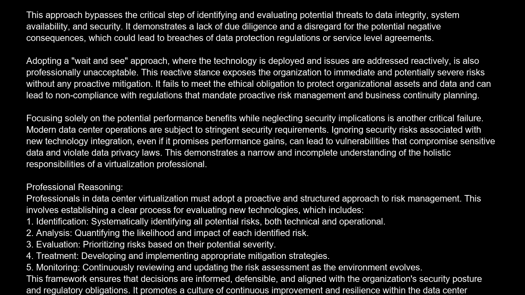Treatment, developing and implementing appropriate mitigation strategies. 5. Monitoring, continuously reviewing and updating the risk assessment as the environment evolves. This framework ensures that decisions are informed, defensible, and aligned with the organization's security posture and regulatory obligations. It promotes a culture of continuous improvement and resilience within the data center environment.